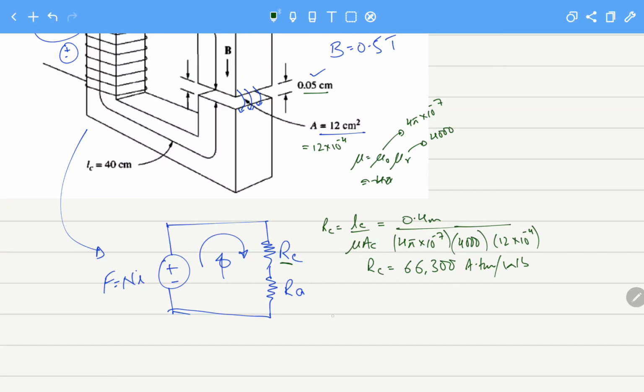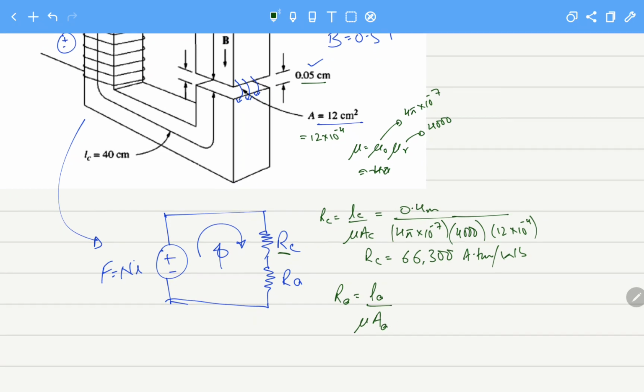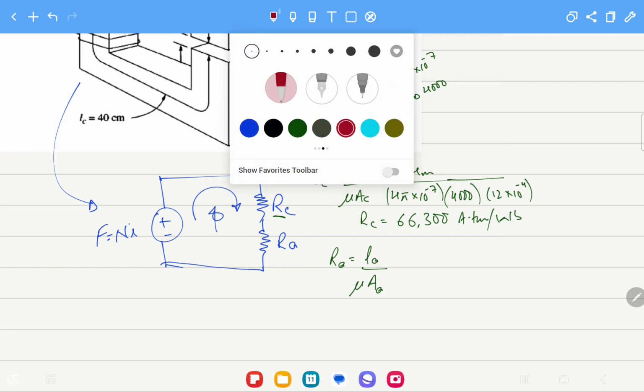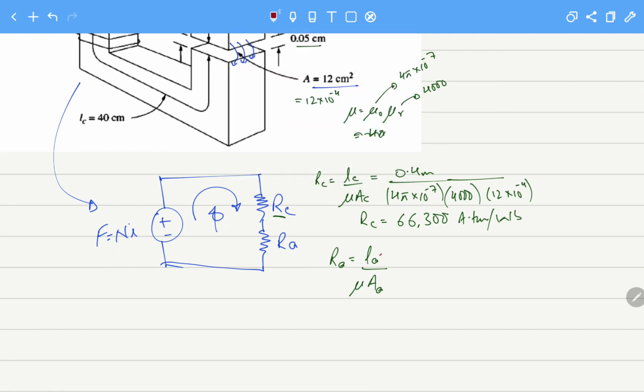Now to calculate the reluctance of the air gap, it will be the length of the air gap divided by mu into the area of the air gap. The length of the air gap they have given to us is 0.05 centimeters, which is equal to 0.0005 meters.